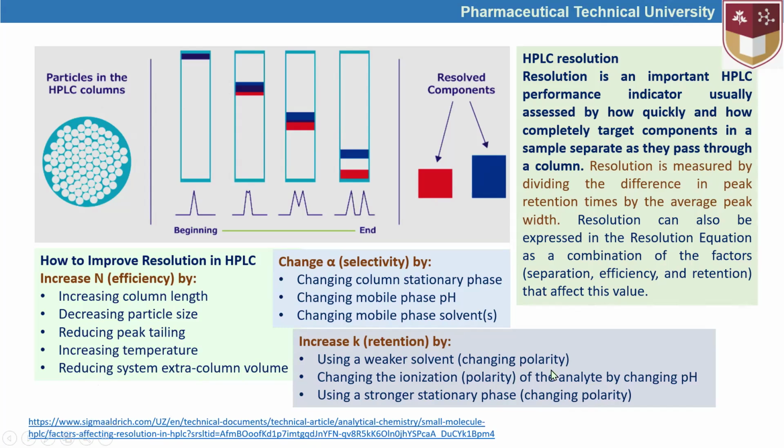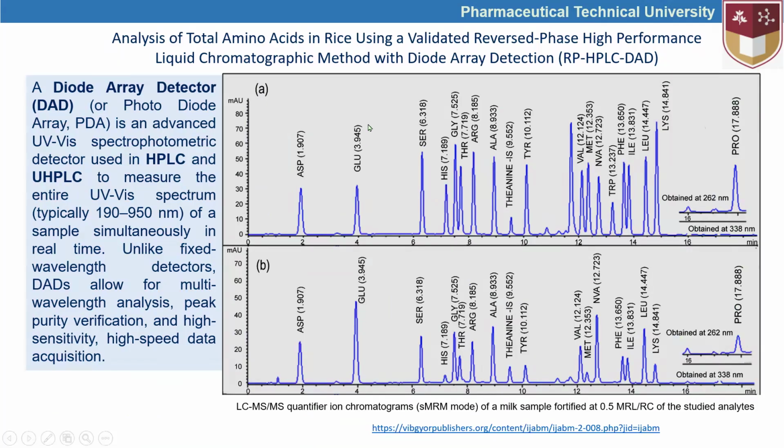We can provide it by changing the polarity of the solvents and by changing the ionization, which means changing the polarity of the analyte by changing the pH, and using a stronger stationary phase. That could be another reason to increase the retention time. So these are about the separation in the column.